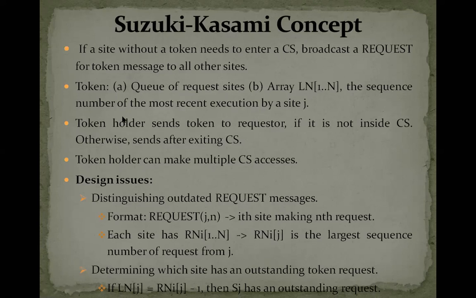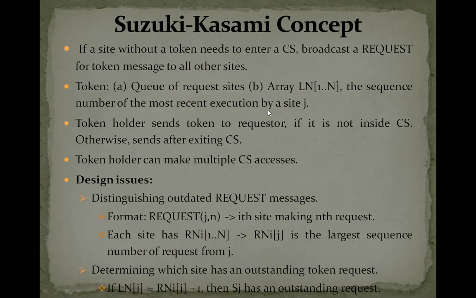And 1, 2, 3 have requested the token. So when site 4 receives the requests from process 1, process 2, and process 3, it maintains a queue, that is 1, 2, 3, just to give the information that first 1 will be executed, then second, then third will be given a chance.